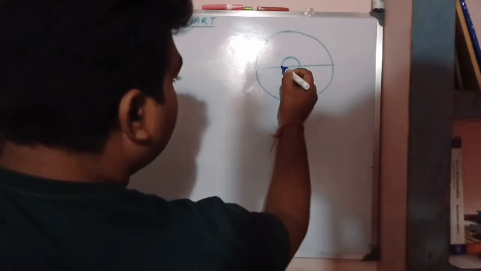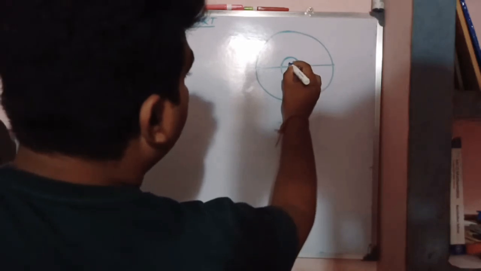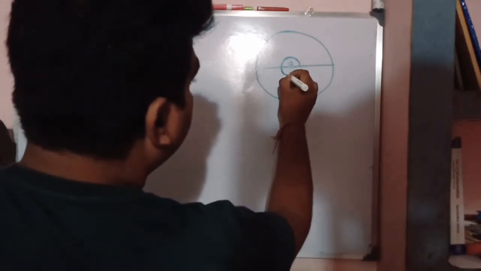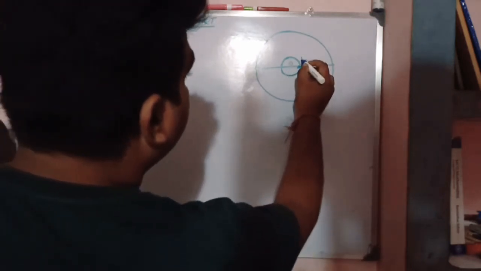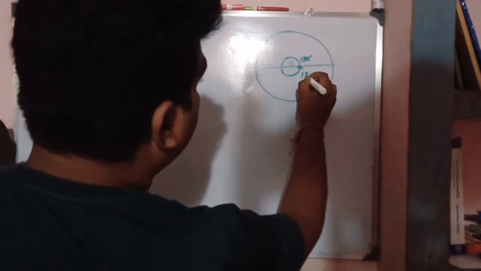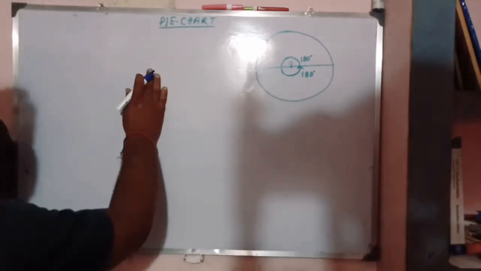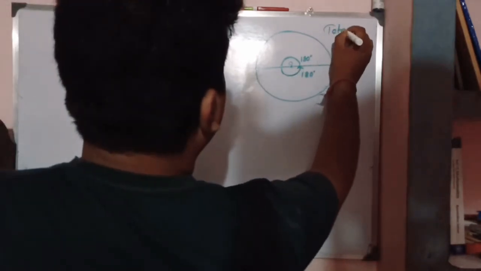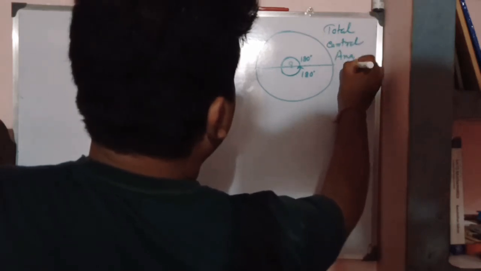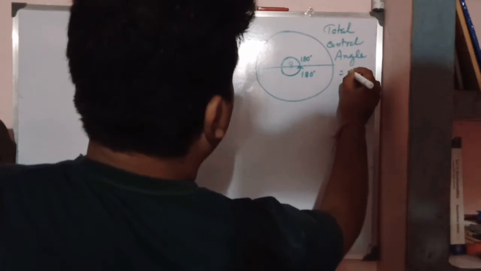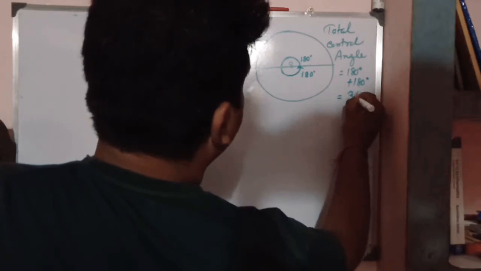Now again, if we proceed from here, going through this O, this way and up to this, this is 180 and this is also 180. That means the total central angle is equal to 180 degree plus 180 degree, that is equal to 360 degree.